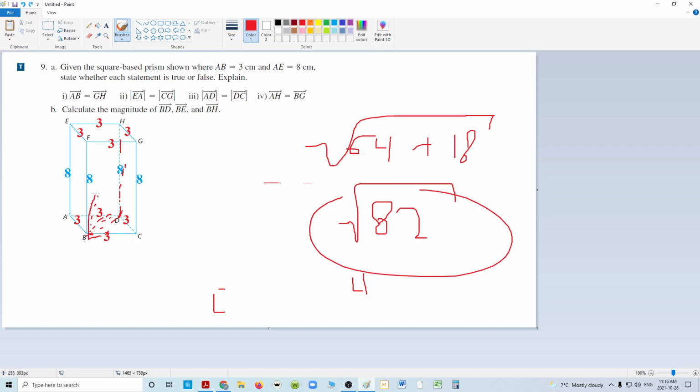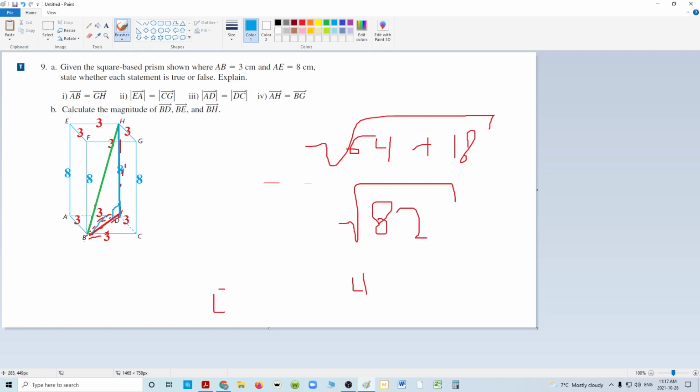That's because I can form a right angle triangle between its height and the diagonal here. Let's see if I can do that a little bit more clearly. I can figure out this vector by using the diagonal from B to D along with the height from D to H. And if I look carefully, right there, that forms a right angle triangle.